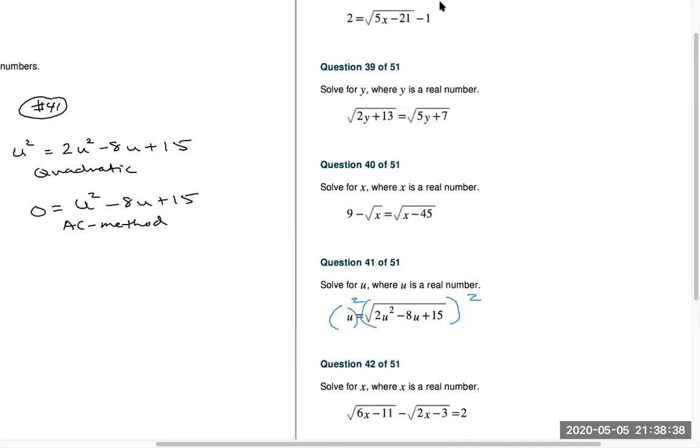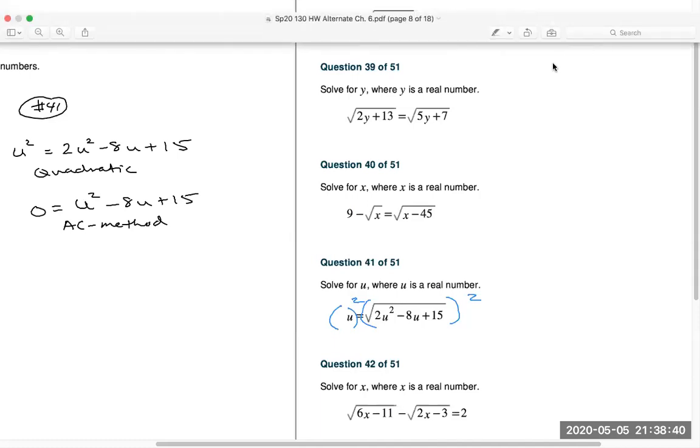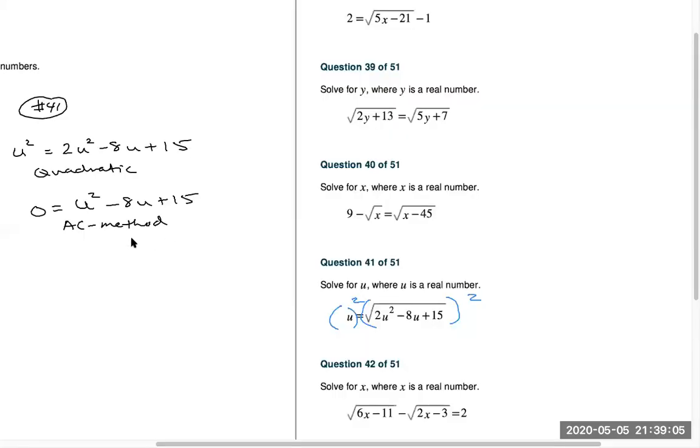From here, you can use the AC method to factor if you still struggle. Okay, so we need numbers that multiply to 15, 3 and 5, and then I need a -8, so both minus. That's the trial and error method, which takes some practice.